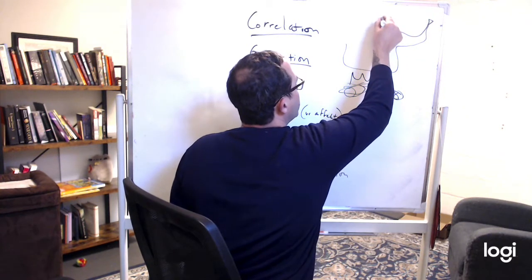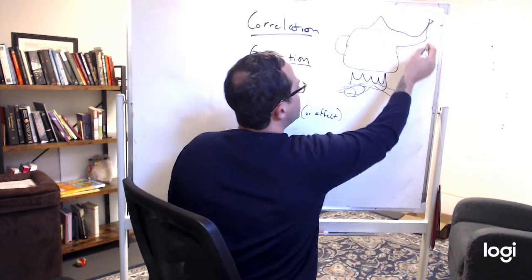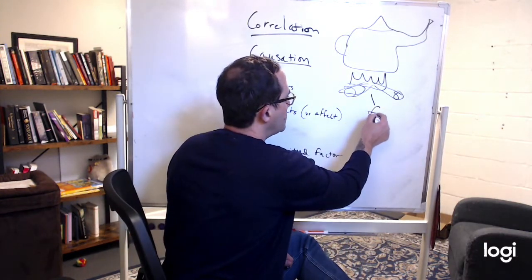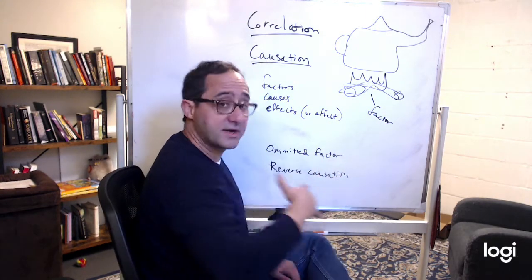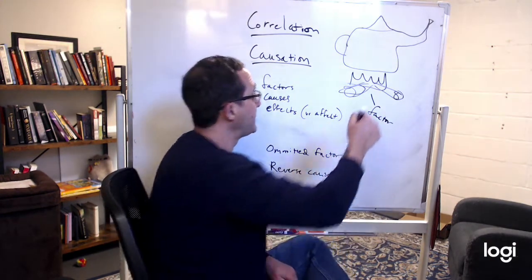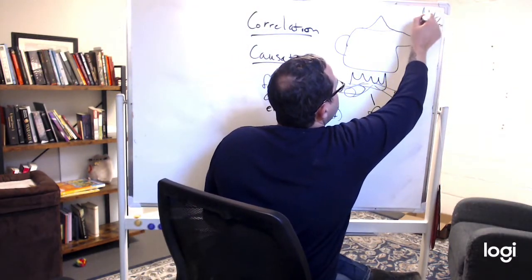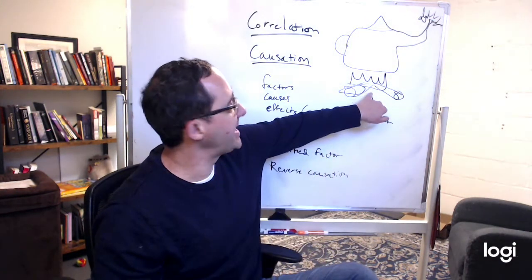I'm not drawing it very well. And it has a handle. Okay, the fire is a factor. The heat of the fire, or the amount of fuel you put on the fire to create the heat. And then the steam coming out is an effect of this factor.